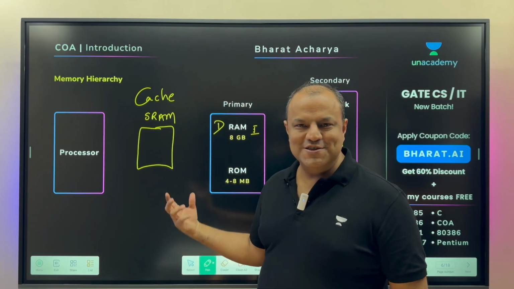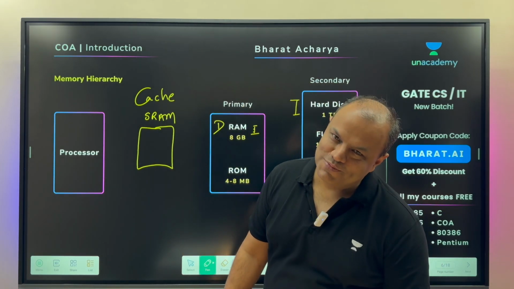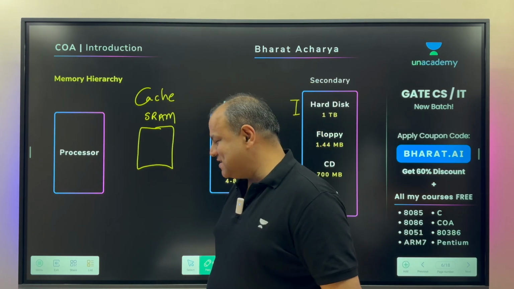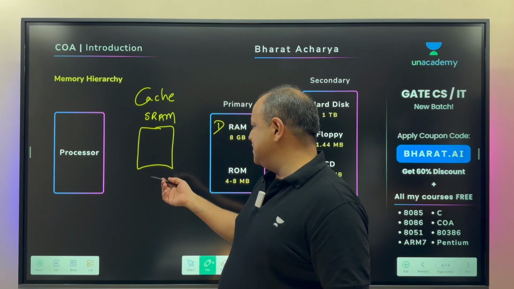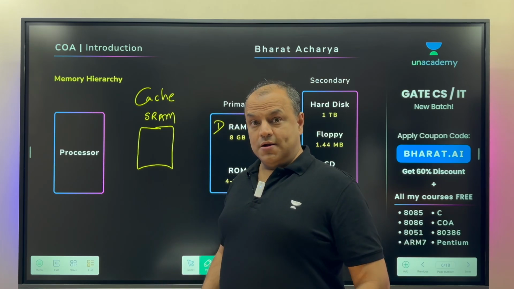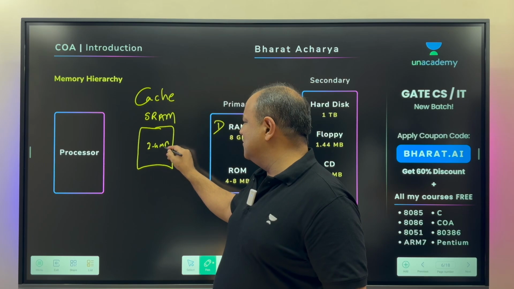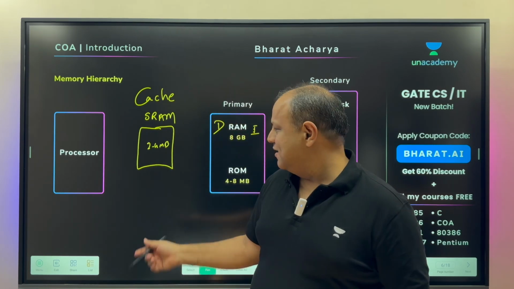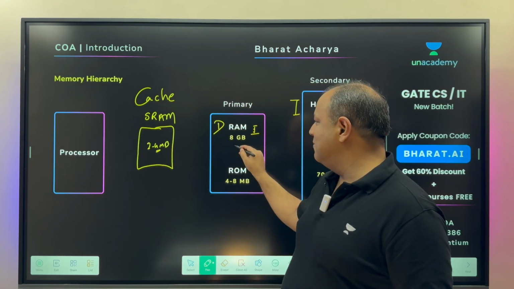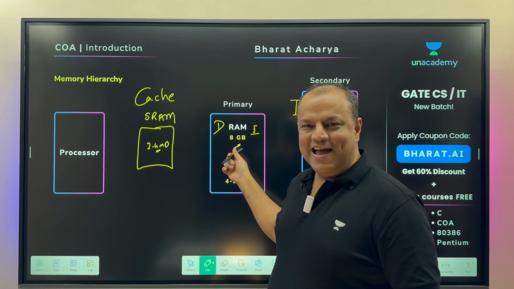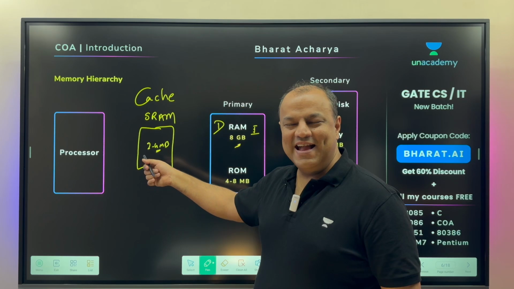So the fastest memory is SRAM, but it is also the most expensive memory. That's why it comes in very small sizes. So this is your cache. In a modern computer, cache is about 2 to 4 MB. Of course, you pay more, you get slightly more, but again, a few MB compared to a few GB, compared to a few TB. So RAM is 1000 times bigger than cache.